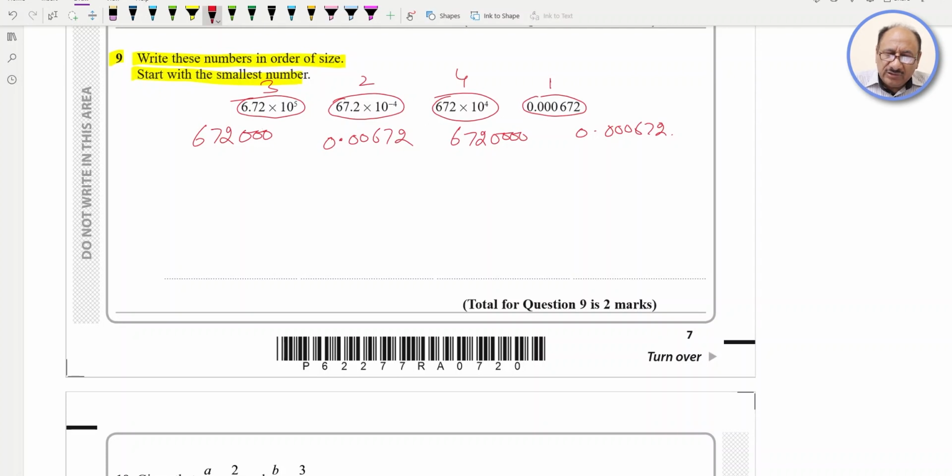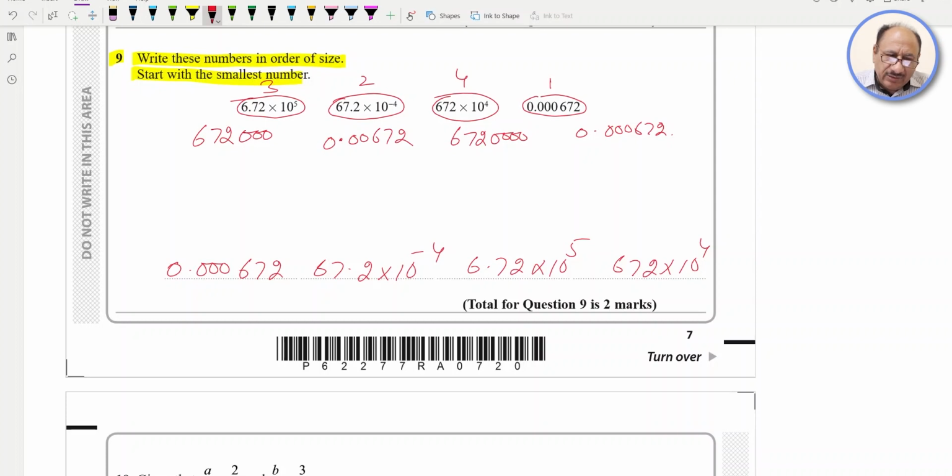And after arranging, we can now write over here the numbers. 0.000672, and the second will be 67.2 into 10 raised to -4, and the third number will be 6.72 into 10 raised to 5, and the biggest number will be 672 into 10 raised to the power 4. This will be the highest number.